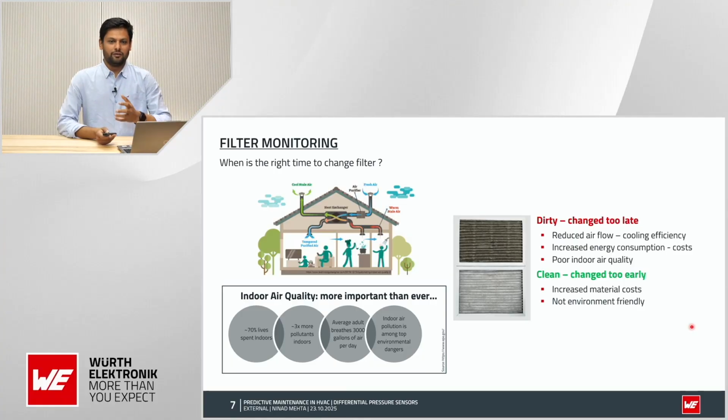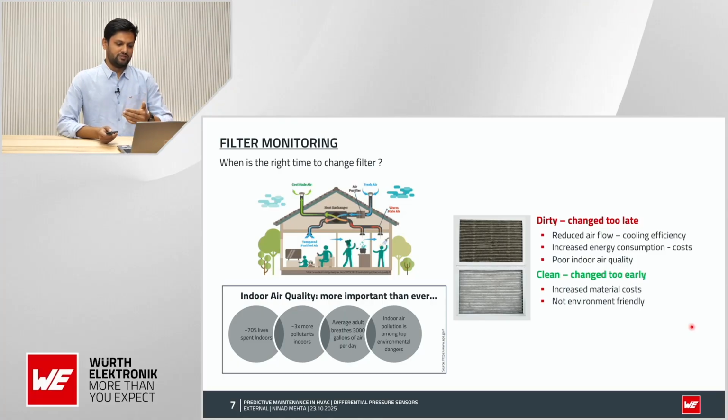If you have a very dirty filter, then you have reduced airflow because the filter is clogged, and this makes your cooling or heating efficiency worse. You also have higher energy consumption because the pump needs to work harder to maintain the constant airflow, and you will have poor indoor air quality.